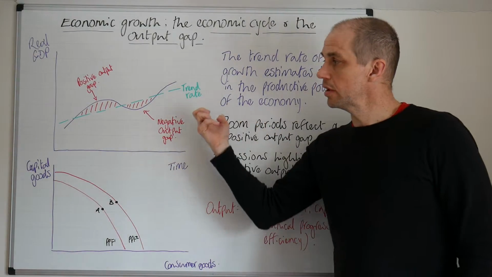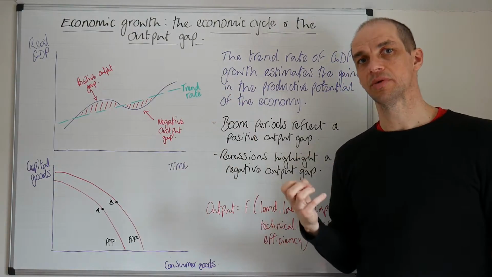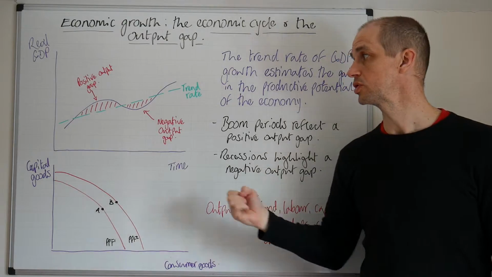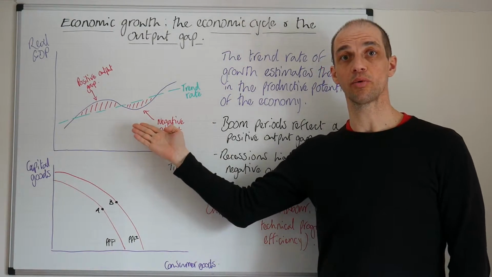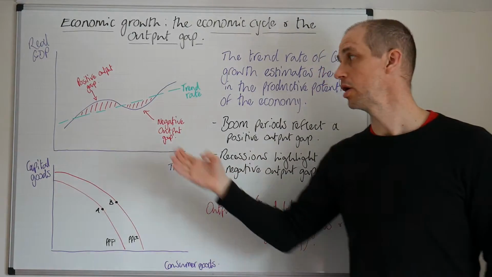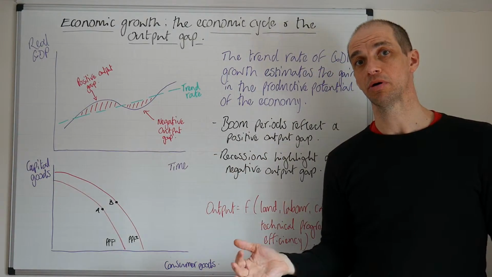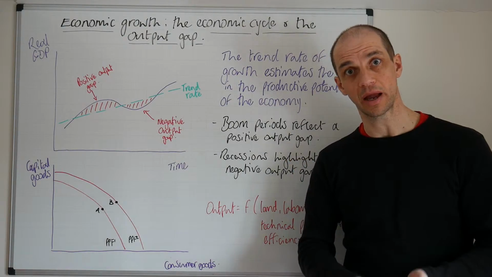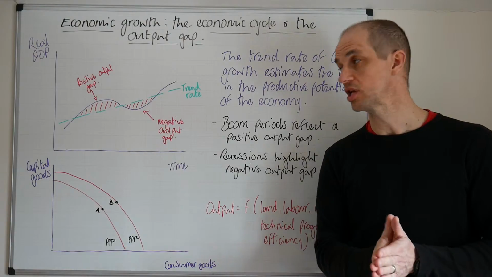Okay, so there's a number of key elements that you will need to understand as we go deeper into this course. For instance, how will the authorities respond to such periods as a positive output gap or a negative output gap? The authorities being the government and the Bank of England as the Monetary Policy Committee.